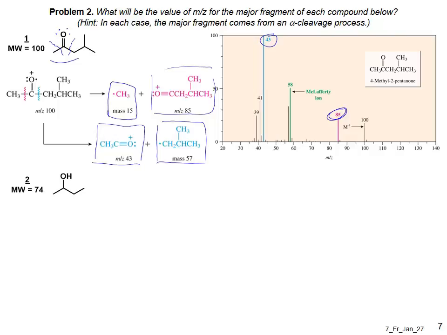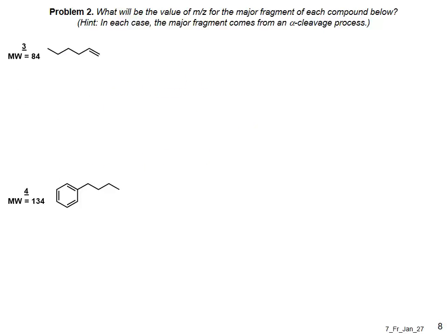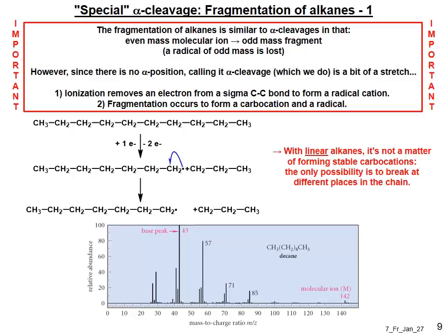So for this problem, make sure that when you answer for each of the 4 molecules, you not only predict what the main fragments are going to be, but you also practice drawing the alpha cleavage mechanisms, and they are shown on the previous slide. So work on your own through molecules 1, 2, 3, and 4. Then look at the corrected slides for the solutions.